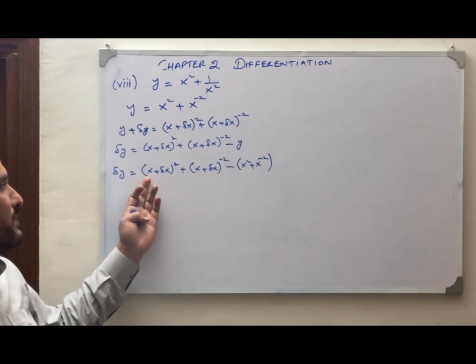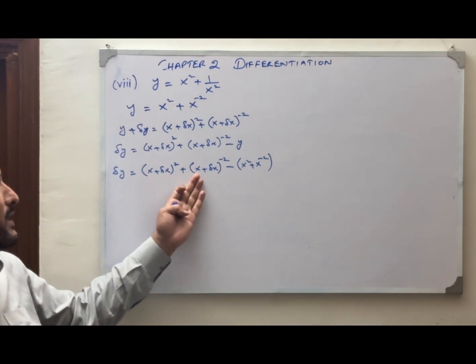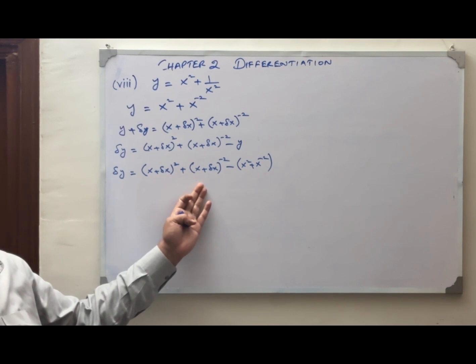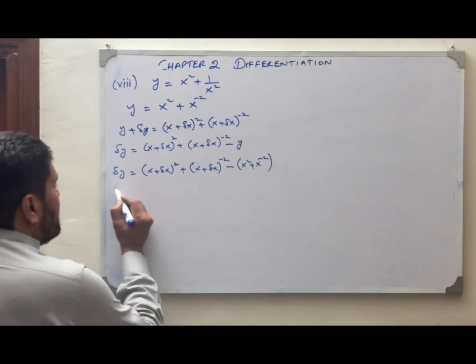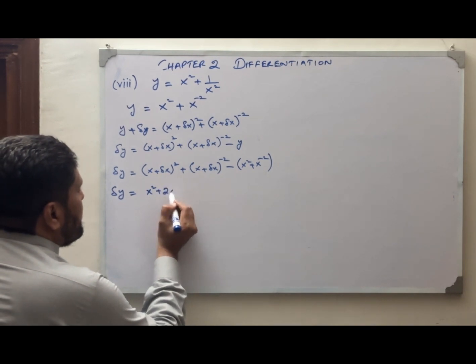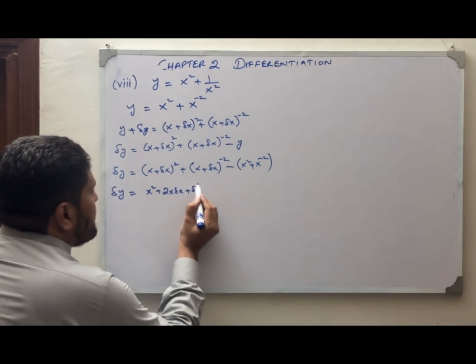Firstly, by opening this algebraic expression a plus b whole square, and then again by taking x power minus 2 common and converting it into a binomial expression, and by applying the binomial theorem, we are able to get the result. Okay, so our delta y is equal to x square plus 2x delta x plus delta x square.